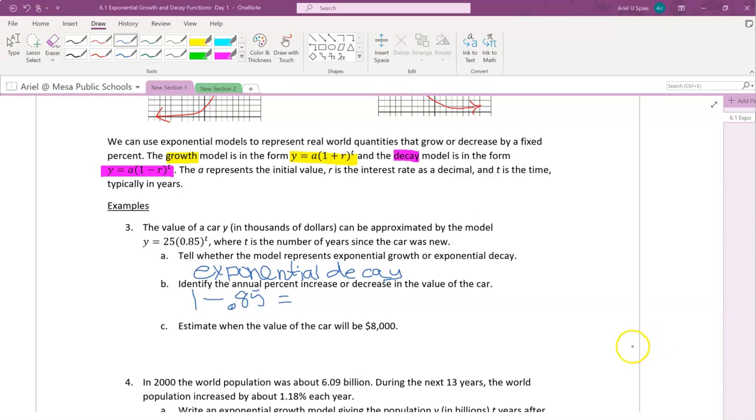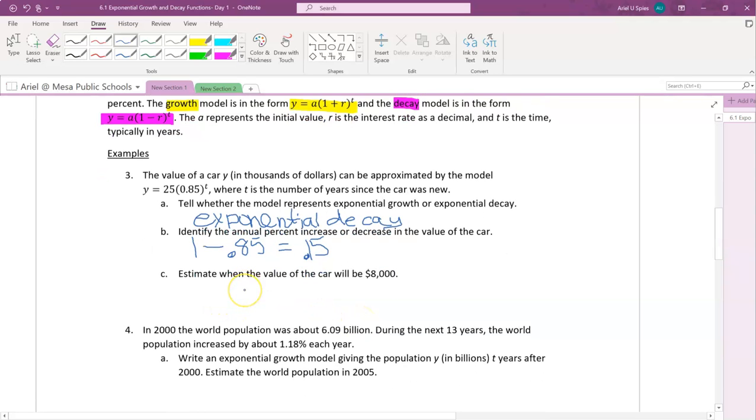So 1 minus 0.85 gives me what? 0.15. To turn this back into a percent, what do I have to do? Move the decimal, or I could multiply by 100. Both work, which gives me 15%.